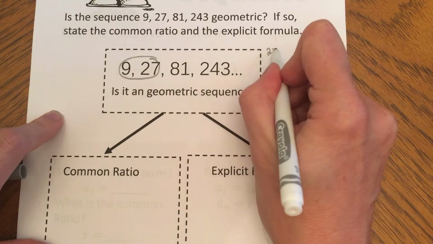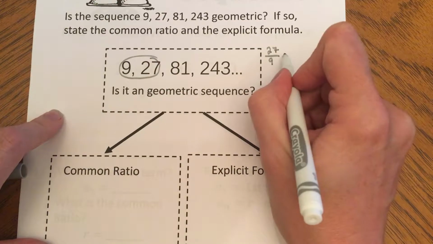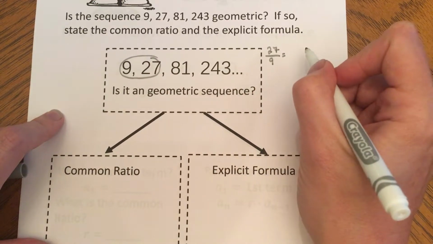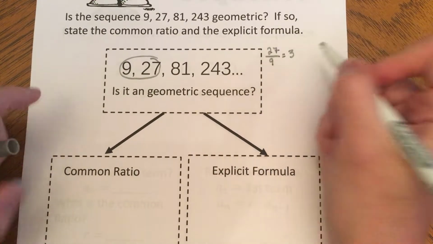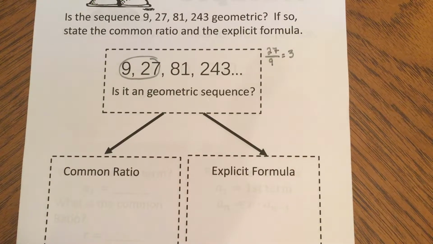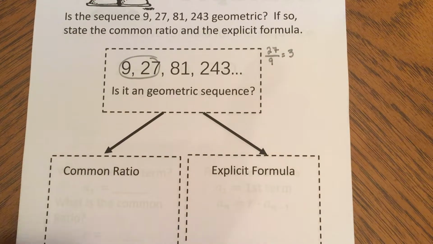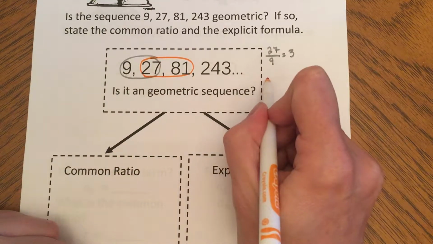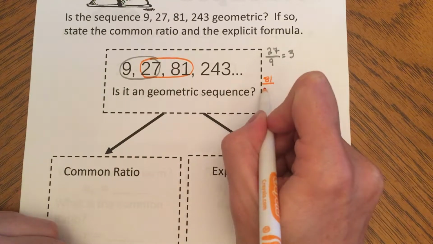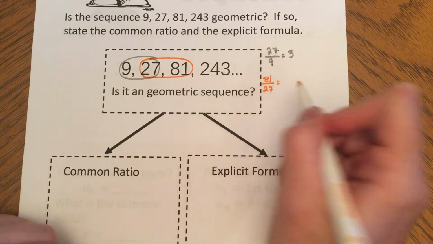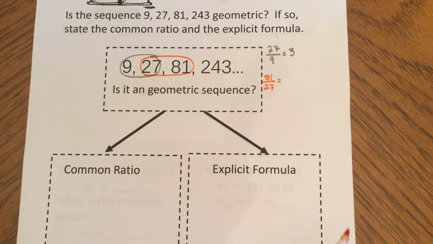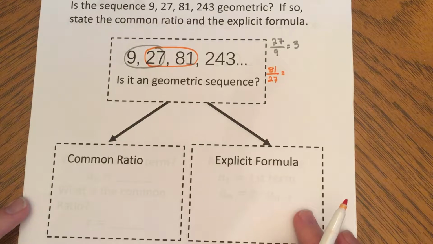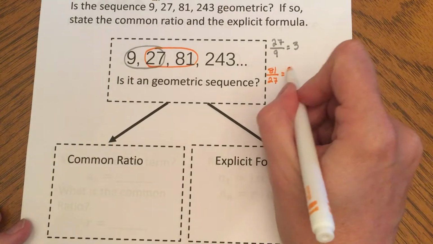What is 27 divided by 9? And you would say 3. I say great. And then we do it again, only with these two values. What is 81 divided by 27? And you pull out your calculator and you do it, and you'd say, oh, look at that, it's 3.